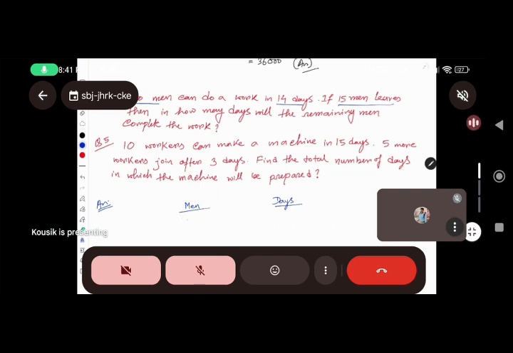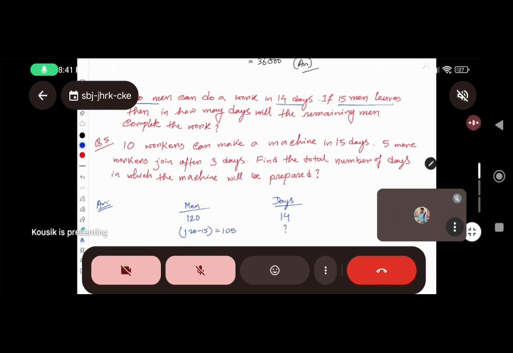Number of men is 120 men complete the work in 14 days, then 120 minus 15, that means 105 men complete in how many days?